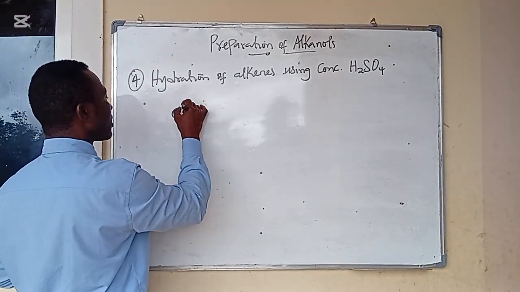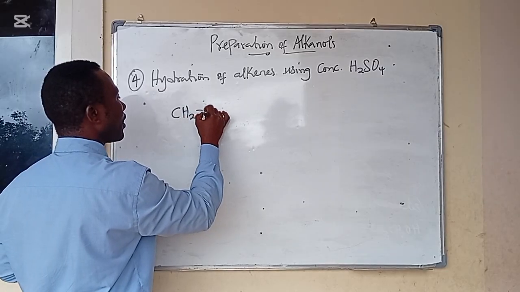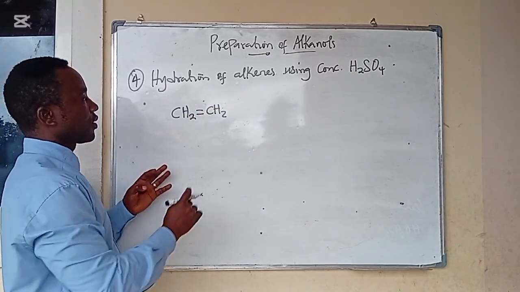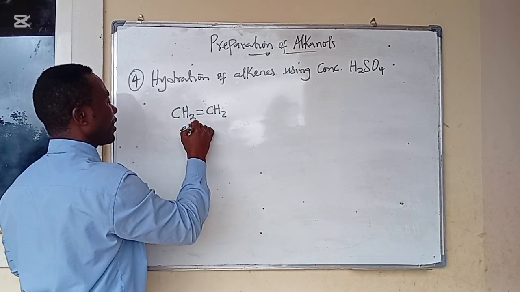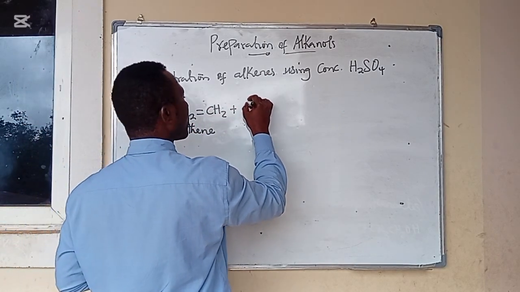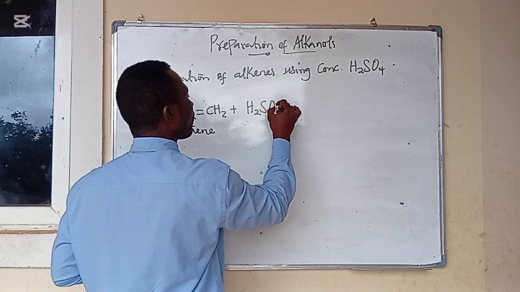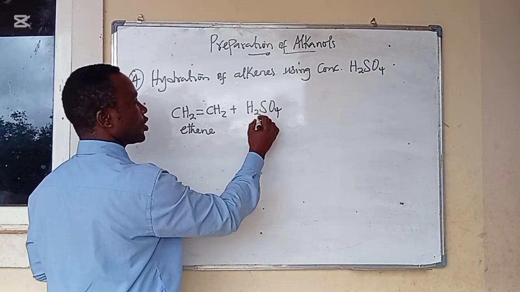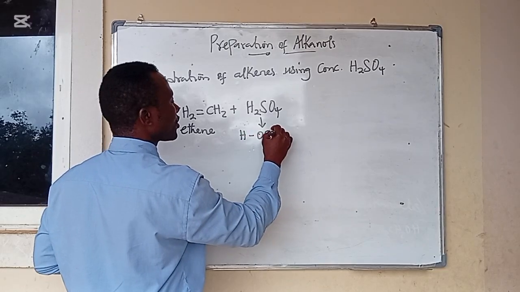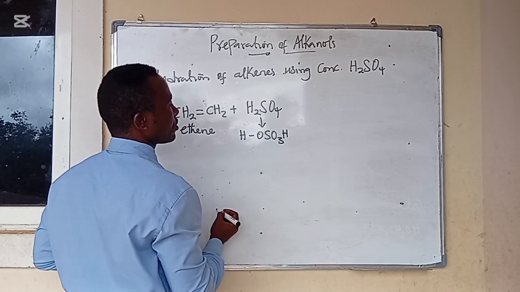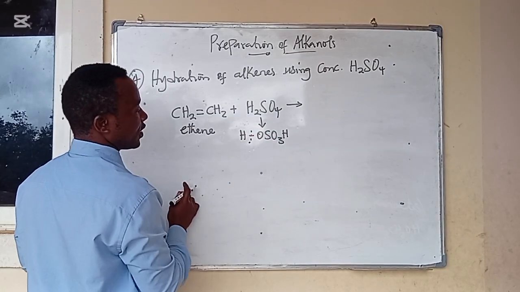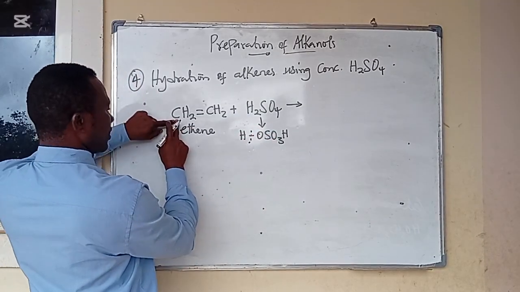Now we can use ethene as an example of alkene. So we have ethene reacting with conc H2SO4. Remember, conc H2SO4 can be written as HO-SO3-H. So what happens? The bond breaks here, so the hydrogen adds here.